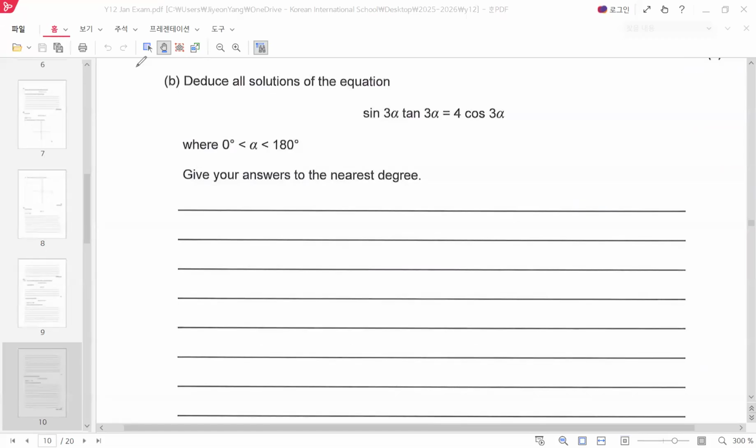Next one, deduce all solutions of the equation. Again, the previous question was sine theta tangent theta equals 4 cosine theta. So theta equals 3 alpha, right?